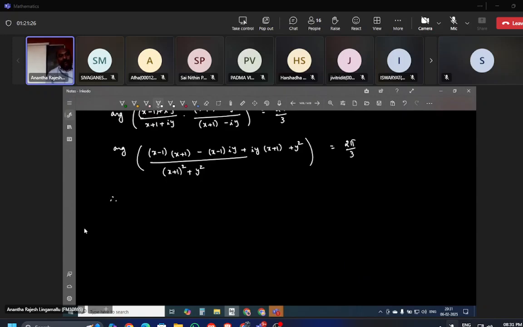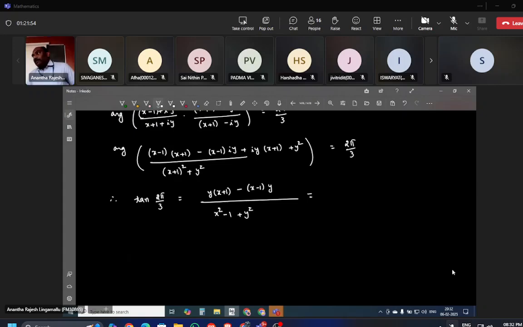So what I can write, therefore, tan 2 pi by 3 is equal to imaginary part, y into x plus 1 minus x minus 1 into y, by real part, x square minus 1 plus y square. Please understand this. What is tan 2 pi by 3? Tan 120, tan 180 minus 60, minus root 3.